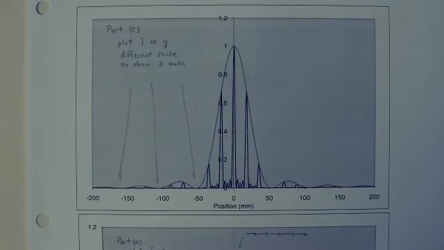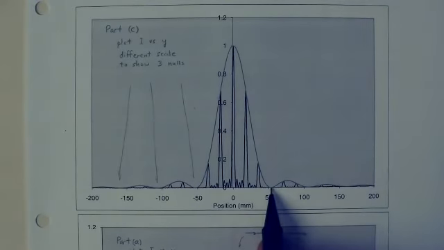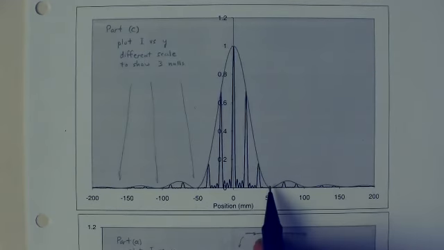And this thing nails the n equals 3 main peak, and that's because of the 1:3 ratio of the spacing to the width. So that should knock off the third one.